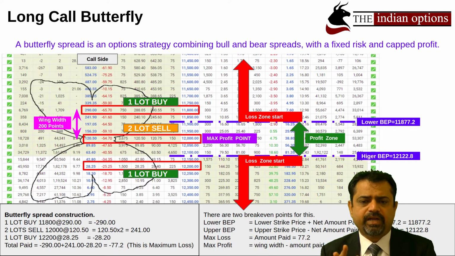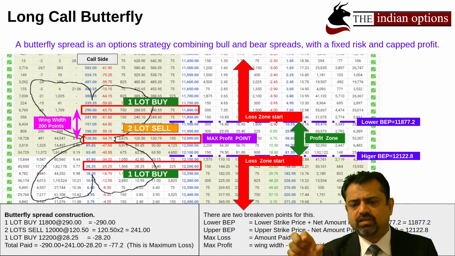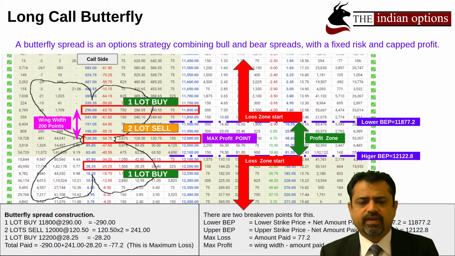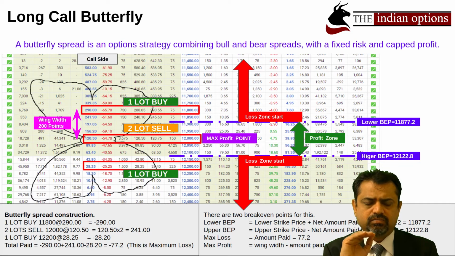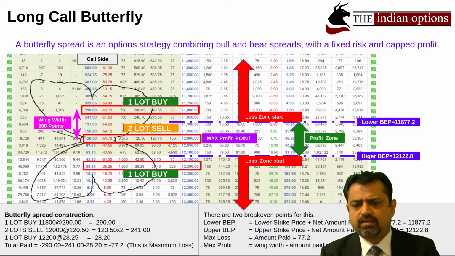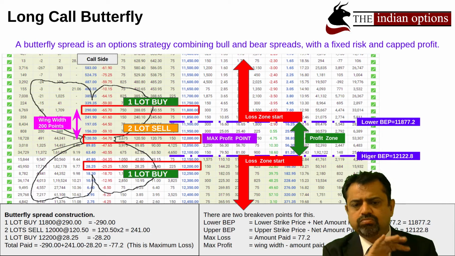Now the color combination, whatever is red in color, that is usually the loss, the green is usually the profit. So the buy is always in green and the sell is mostly in the orange color, and the break-even points are on the blue dashed line.